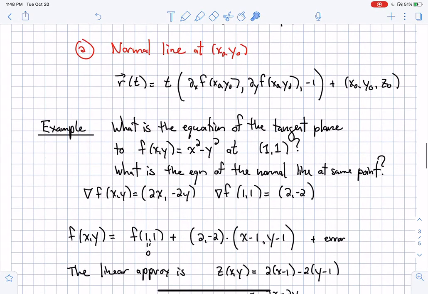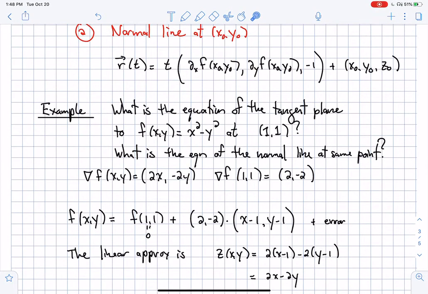Now I like to actually write this first in terms of f of x, y, which is equal to the function at the point 1, 1. If you plug it in, that's just 0. That's the zeroth approximation. And then I get the linear part, which is just the gradient dot product with the vector x minus 1 and y minus 1, plus some error. All right.